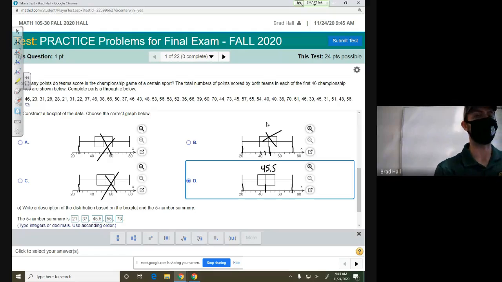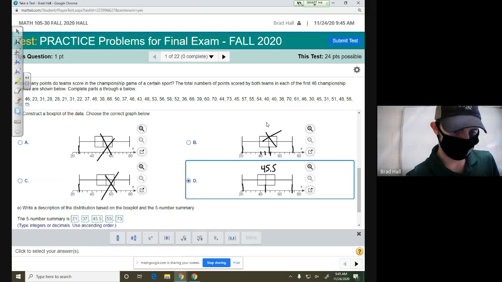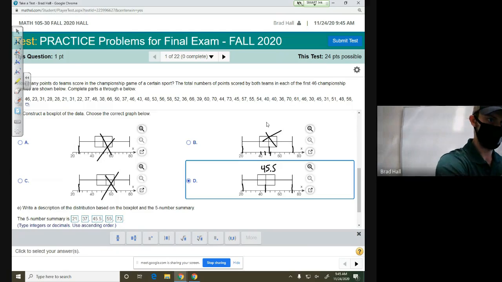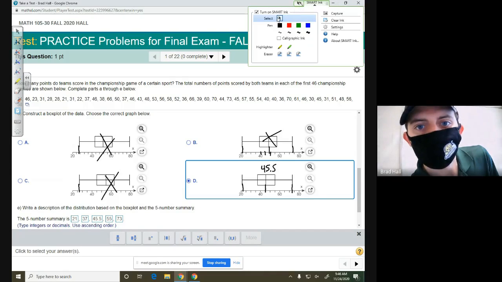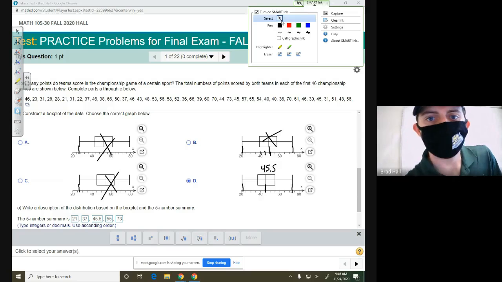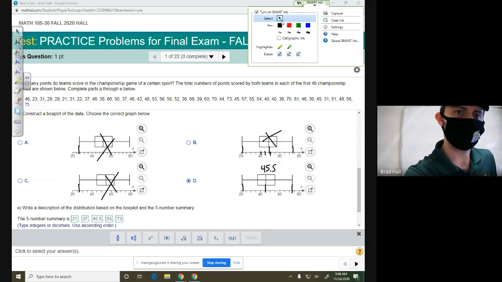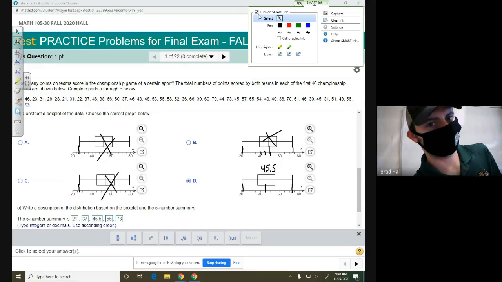And so we can figure that out using process of elimination.